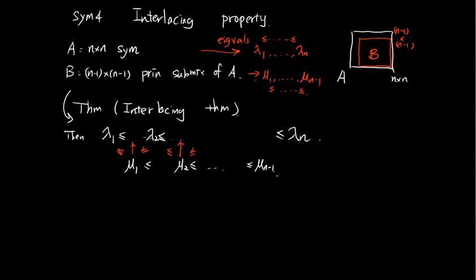More generally, we can talk about A and B of different sizes. B is not necessarily a matrix of order m minus 1.